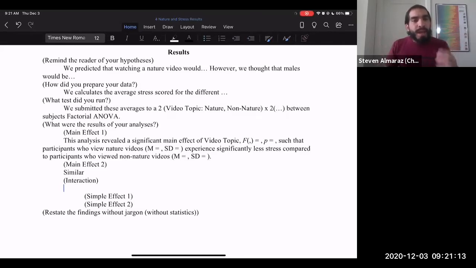All right. And if there's a significant interaction, and there is for all of you, then that means both of your variables matter, not just one, not just like this main effect is. So usually when there's a significant interaction, I'm going to use the word however.